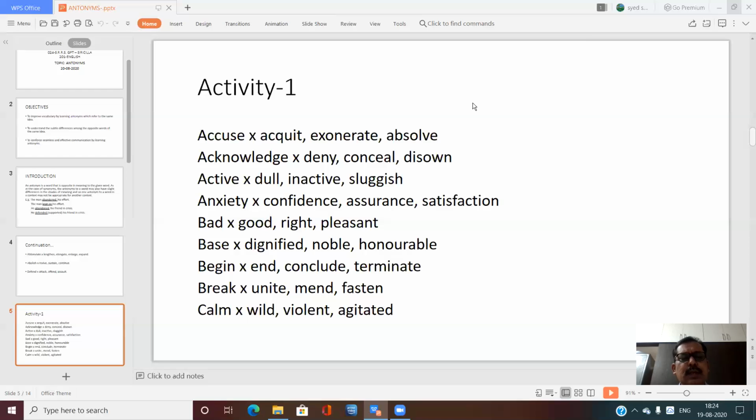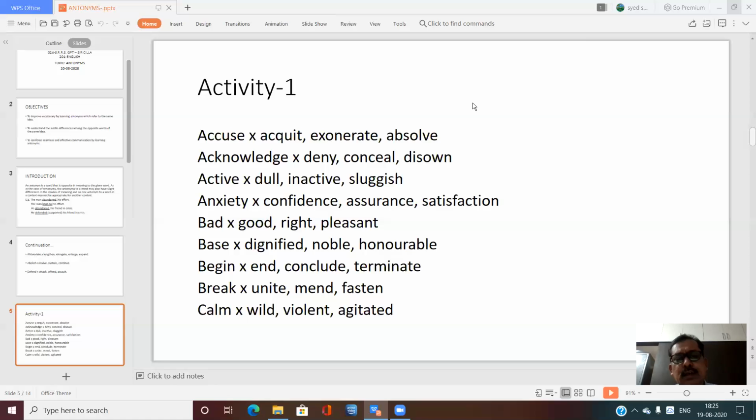Next, break. Opposite words: unite, mend, fasten. Next word, calm. Opposite words: wild, violent, agitated, disturbed, mentally disturbed. Agitated means mentally disturbed.